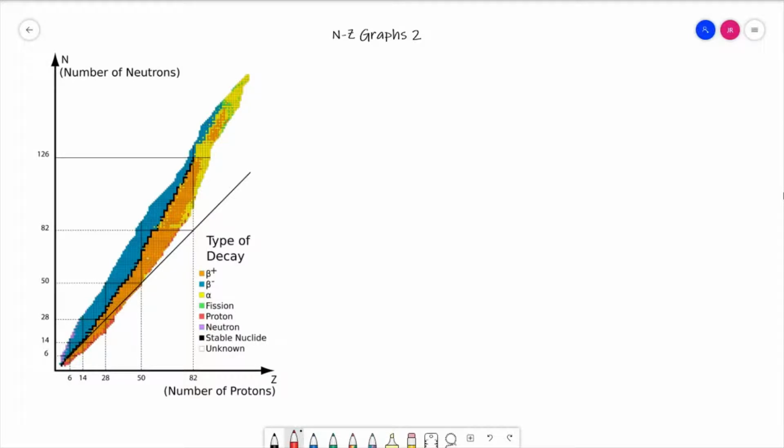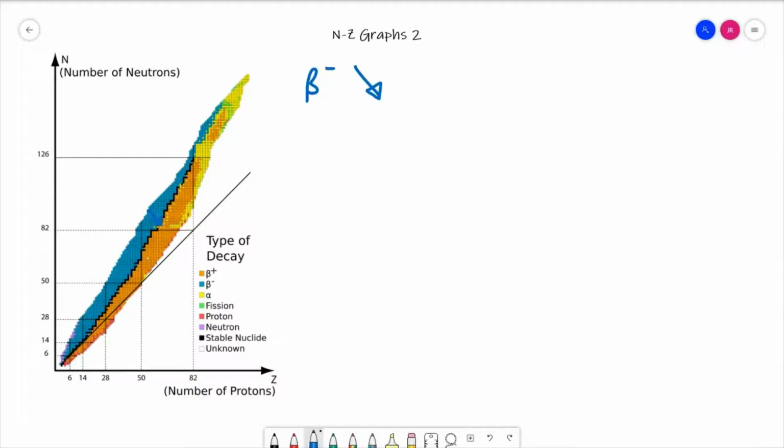So hopefully the graph is starting to make a little bit more sense. Whenever a decay occurs, it will normally move from a particular point on the NZ graph towards, or at least in the general direction of, a stable nuclide. So because for beta minus we are moving down and to the right, the beta minus occurs above and to the left of our stable line.